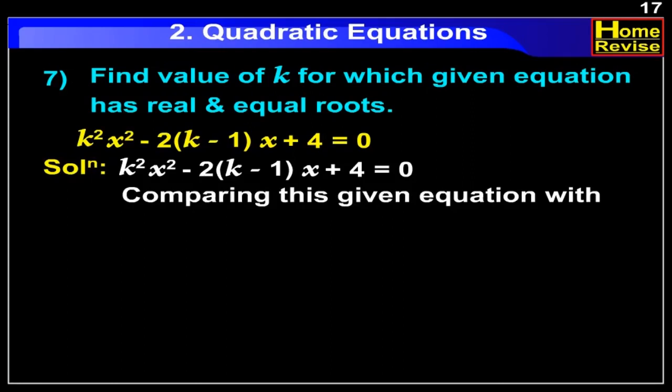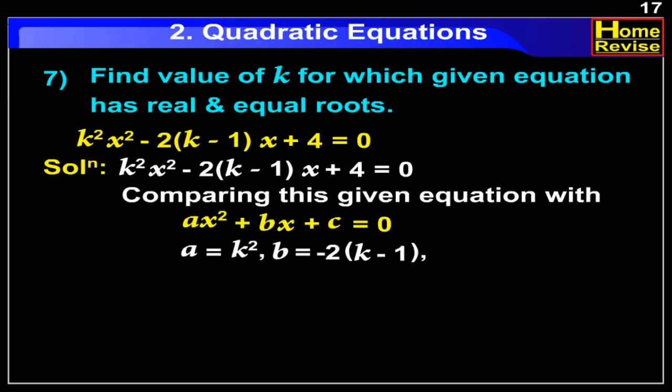Comparing this given equation with ax square plus bx plus c is equal to 0, we get a is equal to k square, b is equal to minus 2(k minus 1) and c is equal to 4.